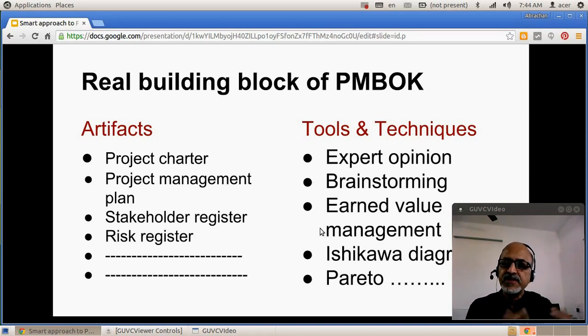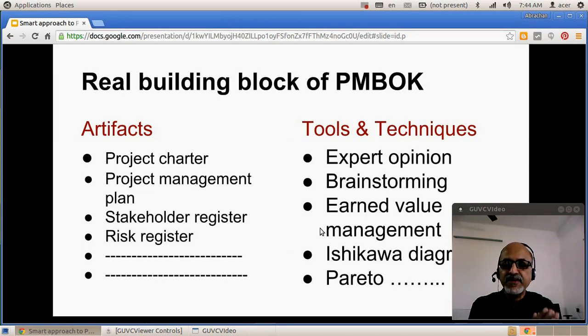If you can understand that, and the tools and techniques used to build them, then the entire 47 processes become a cakewalk. Or these 500 pages can be condensed into maybe 100 to 150 pages.